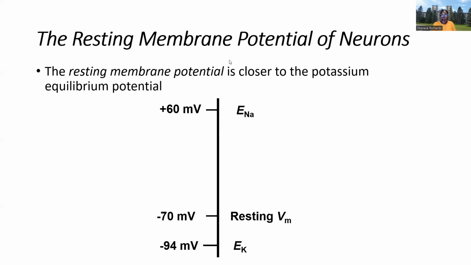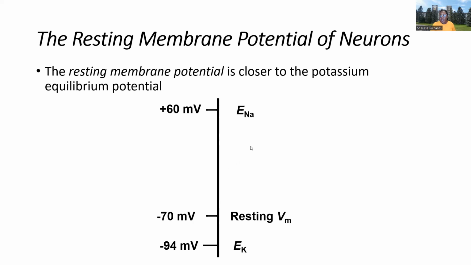So basically, our ions are going to try to move to get to equilibrium, and the degree with which they are away from their equilibrium potential determines how strong the force of their movement is. Okay, I hope that makes sense.